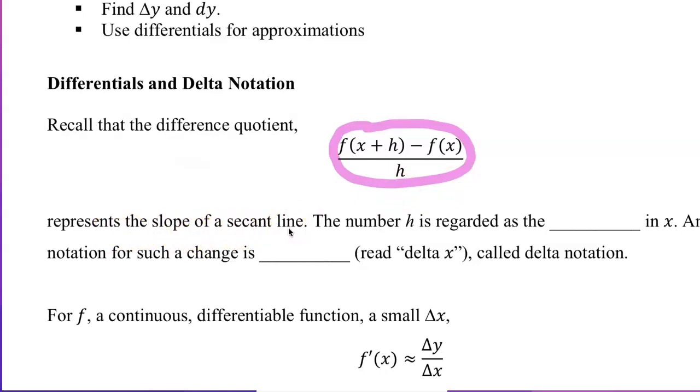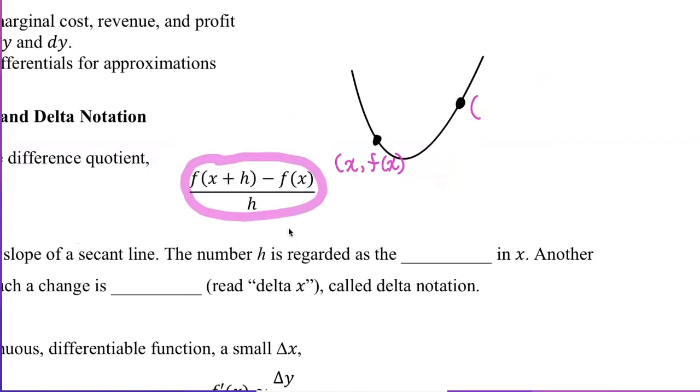What I mean by secant line is, let's say that we have 2 points. Let's say that we have a point right here, and we have a point right there. If the first point is x and f of x, and the distance between them is h, then I will have x plus h for its x value, and the y value will be f of x plus h, right?